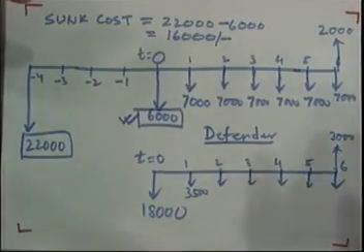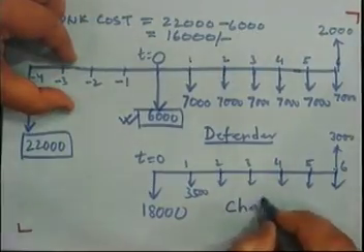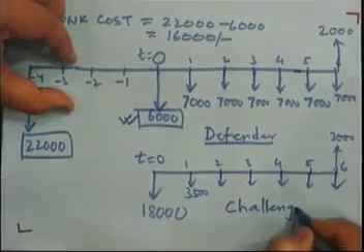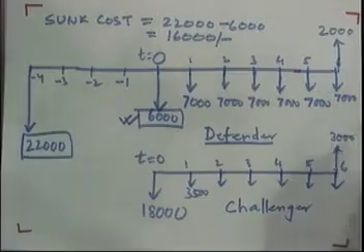Now, once I am able to draw these cash flow diagrams for the Defender as well as for the Challenger, taking an appropriate decision becomes very simple. I can follow any of the methodologies that I have discussed already. However, for such cases, it is always better to go for the annual cost method.